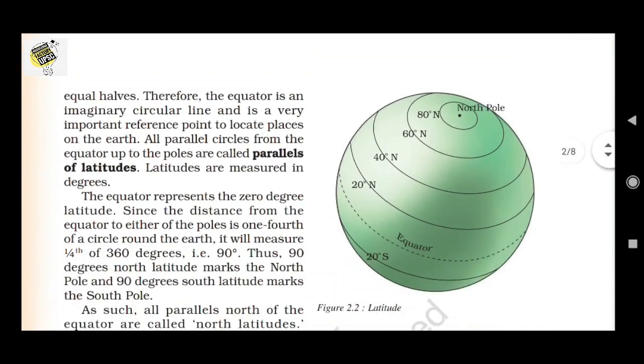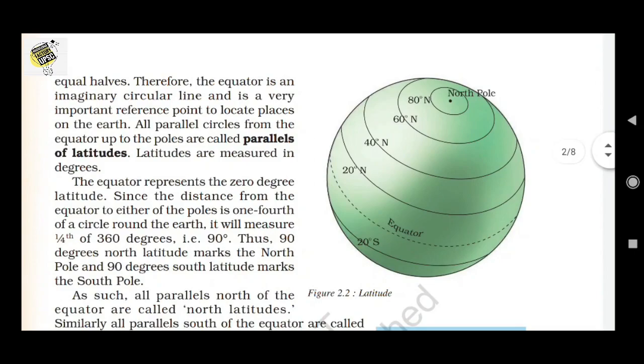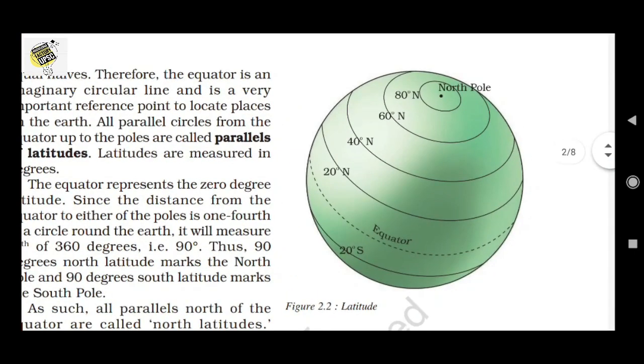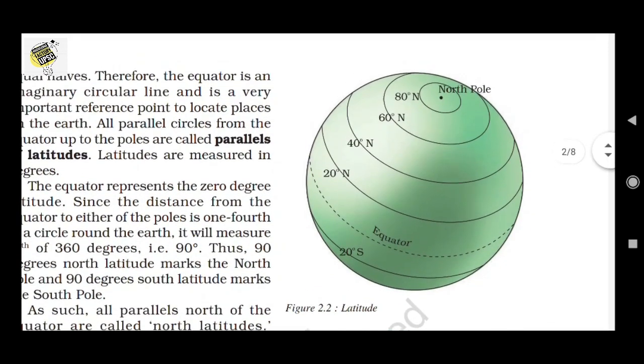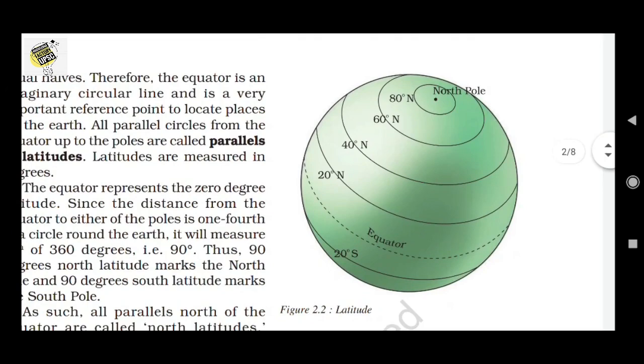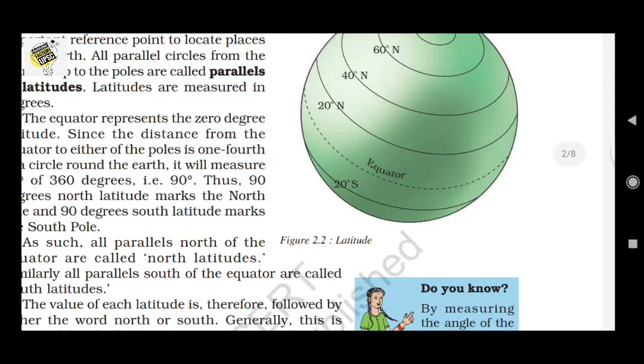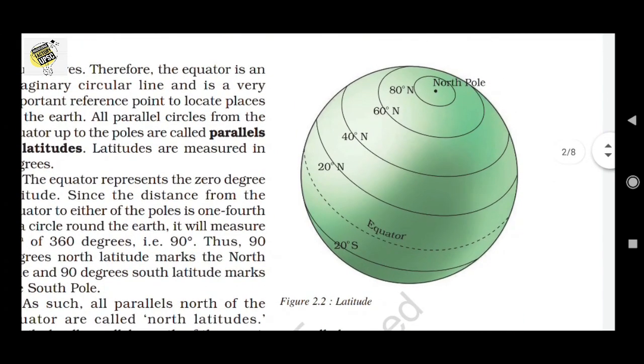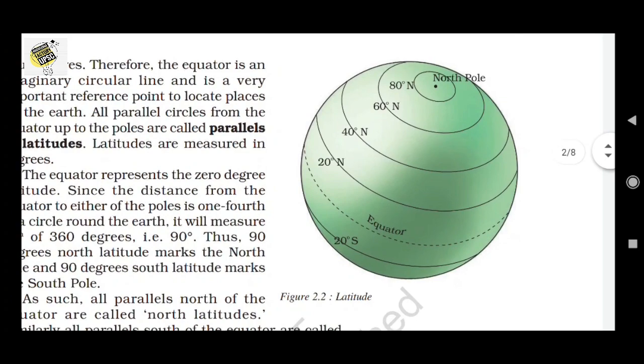When we look at the picture of figure 2.2, we can find several lines on the globe. They are known as latitudes, and at the top position there is 90 degrees, that is the North Pole. Similarly, on the southern side there is a point which is 90 degrees south, which is the South Pole.